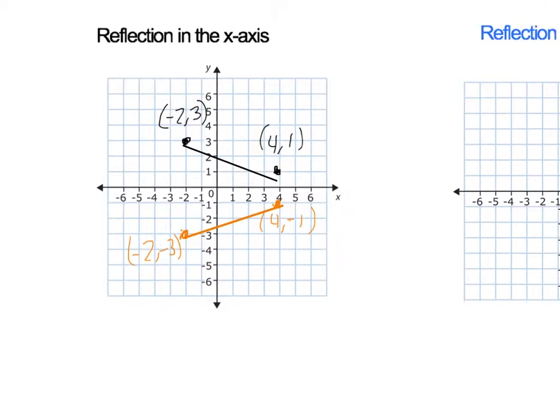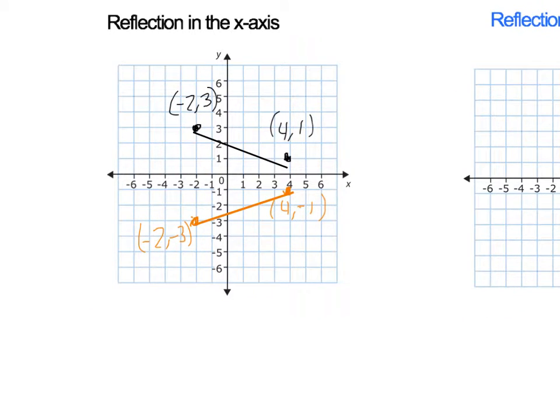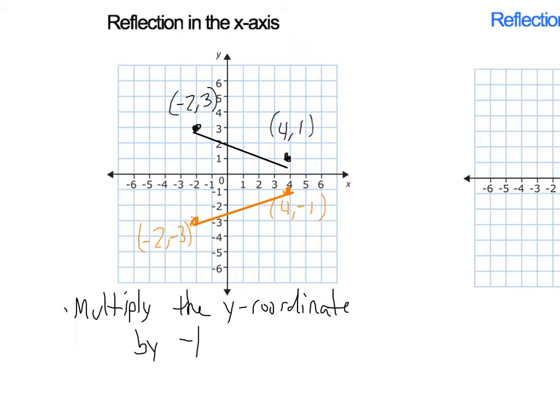So what we see in reflection in the x-axis is that you multiply the y-coordinate by -1. If you want to reflect this in the x-axis, multiply the y-coordinates, both 3 and 1, by -1 to get -3 and -1, but keep the -2 and the 4, keeping the x-coordinates.